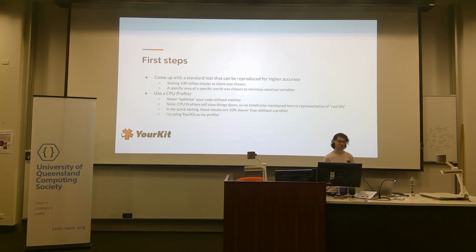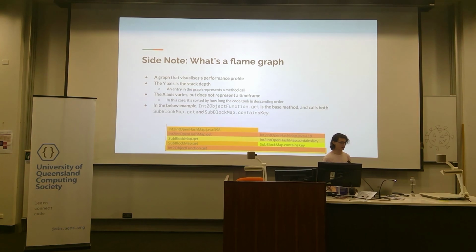If it was, I would have done this much sooner. In my quick testing, these results are 10% slower than without a profiler. And I used YourKit as my profiler. It's a Java profiler that's decent-ish.